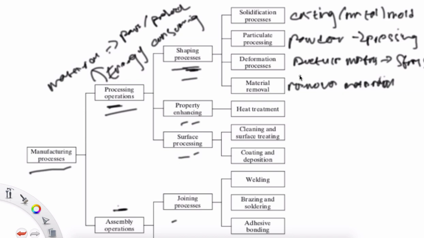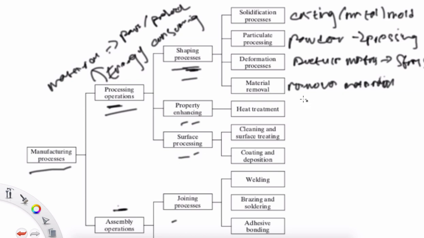We can use several processes such as turning, drilling, milling, and others. A very popular technique in material removal is grinding, another common process in this category, in which an abrasive grinding wheel is used to remove material.